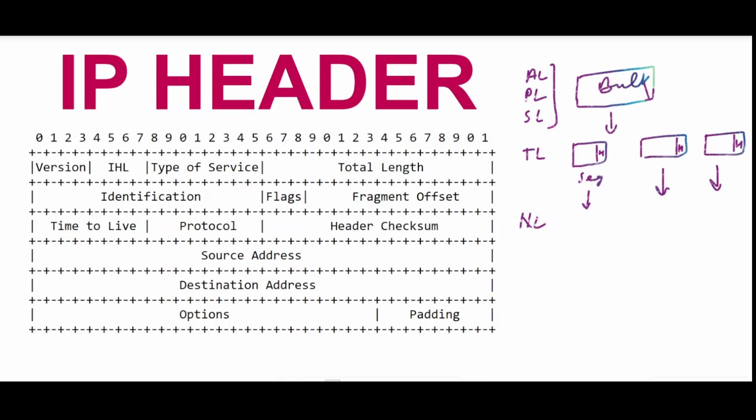Now at the network layer, if we attach a header to the segment, this header is known as the IP header, and then this is known as a packet or datagram. Clear? Some resources say datagram, some say packet.